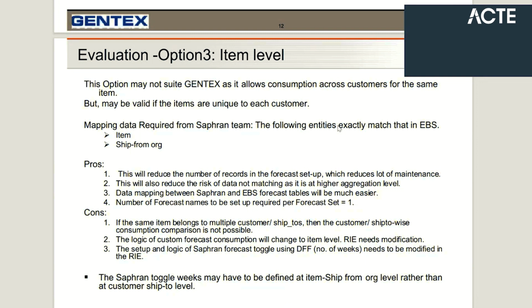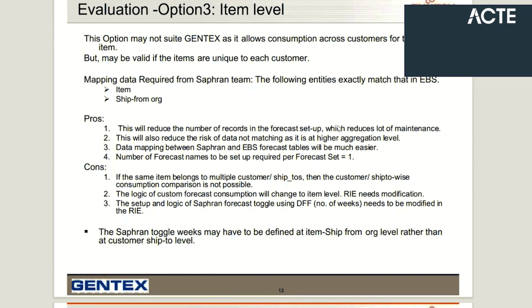Now, what we do is this will reduce the number of records in the forecast setup. This will also reduce the risk. This will have a data mapping. The number of forecast names required to be set up for the forecast set is 1. So what are the constraints? The constraint is that the same item belongs to multiple customers. So from which customer you are delivering, and to which customer, that information will not be there.